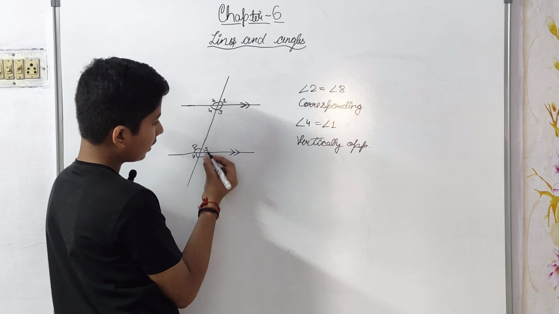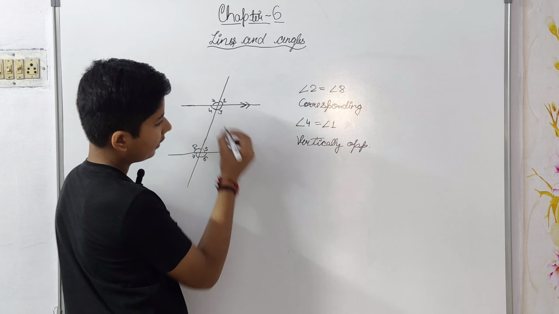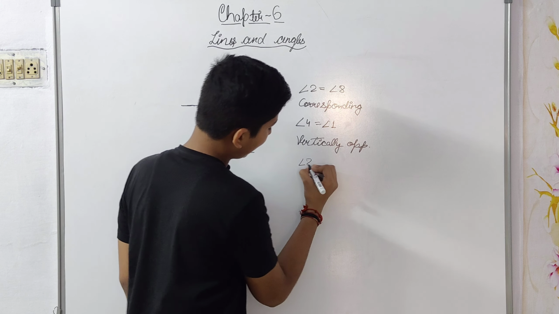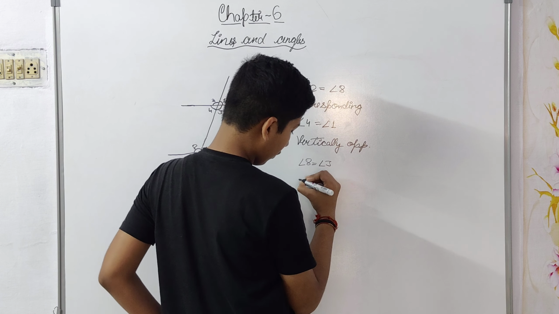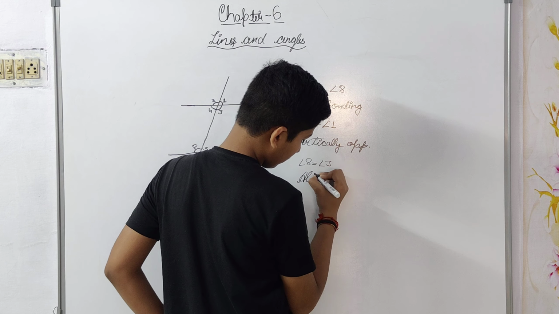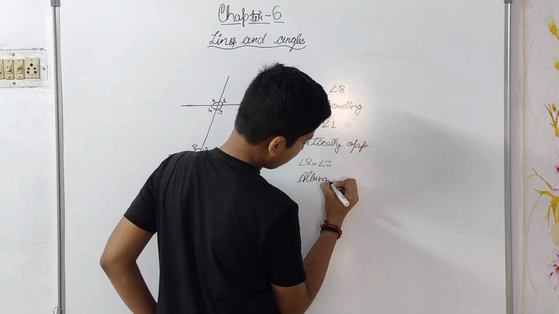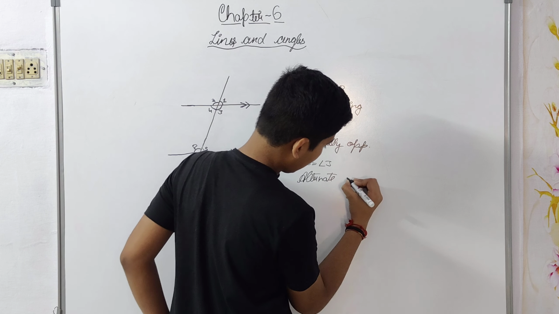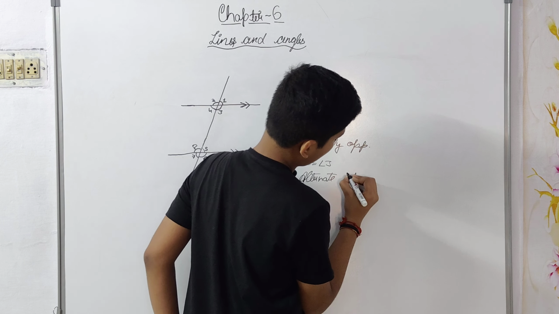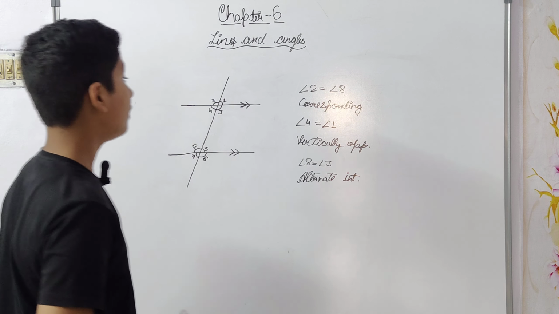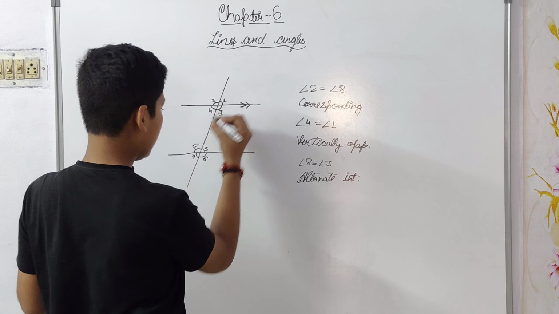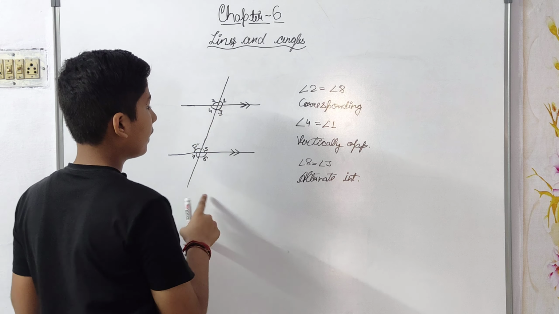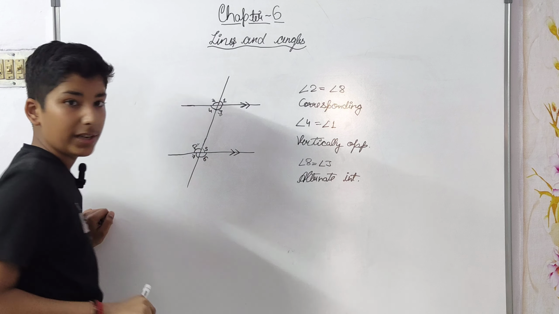Now a third one, alternate interior. Angle 8 equal to angle 3. This angle equals this one, and these two are also equal.